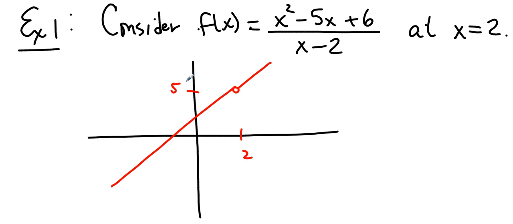That's the y value 5, and you'll notice that the function never gets to 5. It tries all the other y values and then skips right over 5. So this function is discontinuous at x equals 2. Why? Because there is no value for f of 2. If you try to figure out what f of 2 is, you get 0 in the numerator, 0 in the denominator. That is an undefined situation. So this function has one discontinuity, and that's at x equals 2.